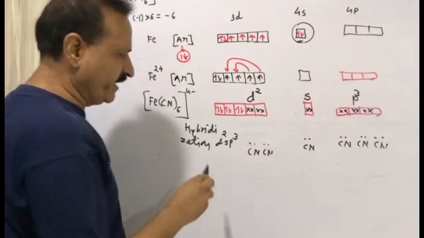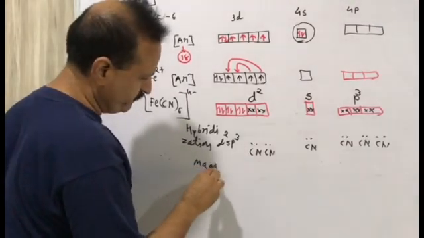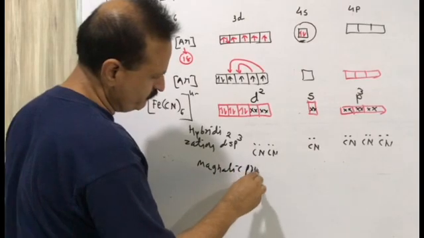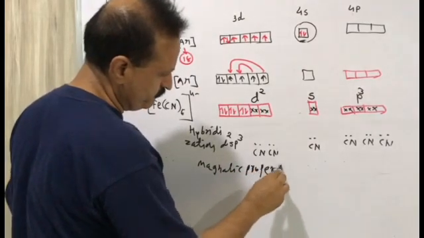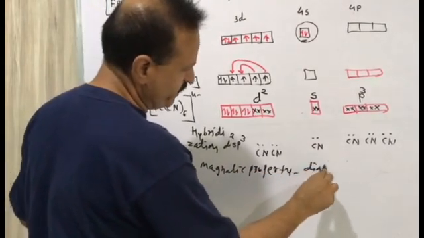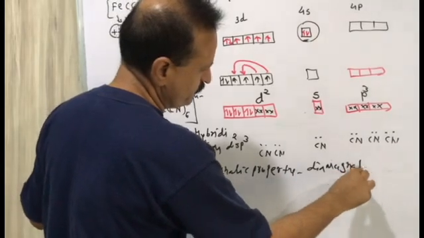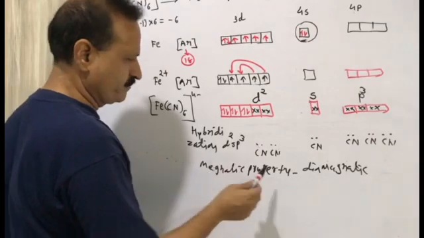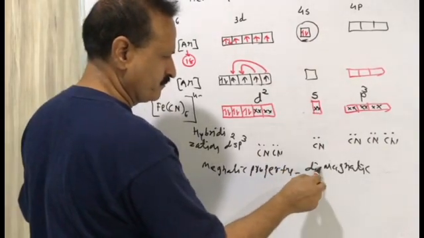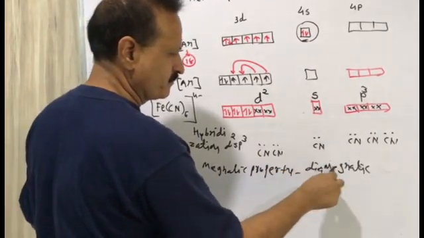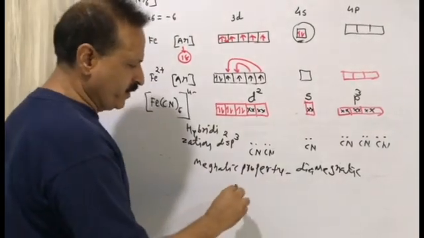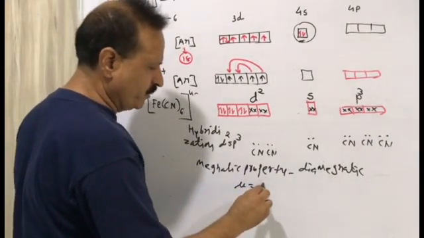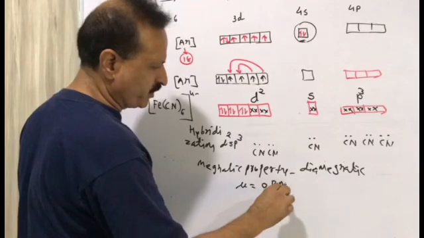So the magnetic property is diamagnetic, and the value of mu will be 0 Bohr magneton, BM.